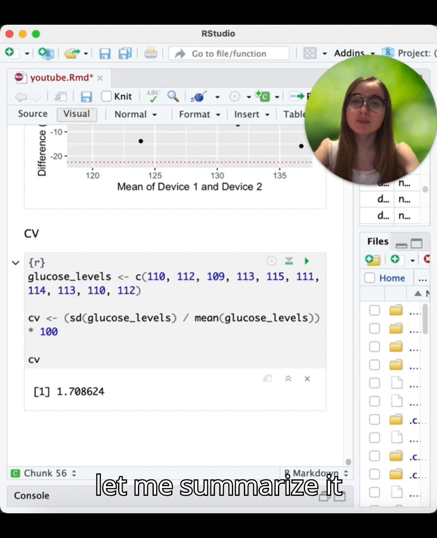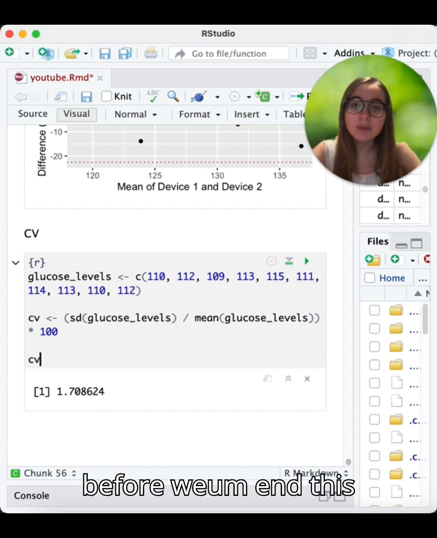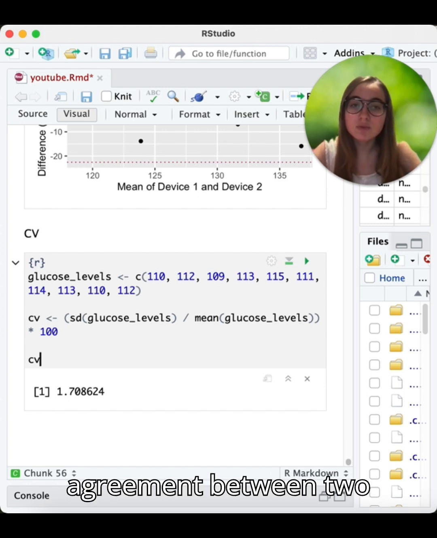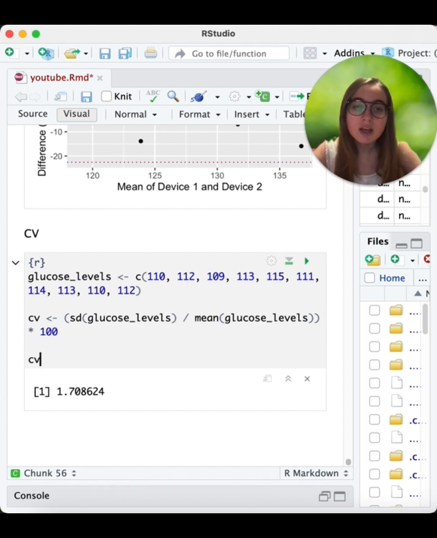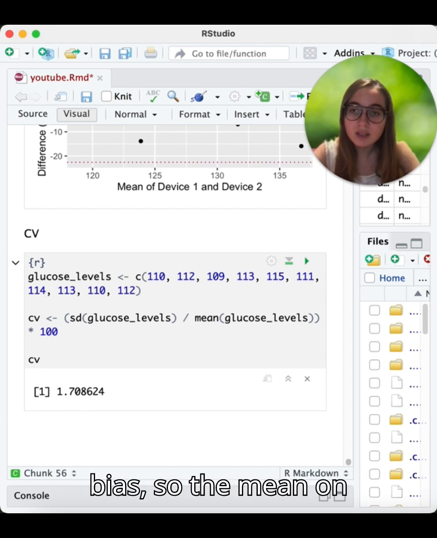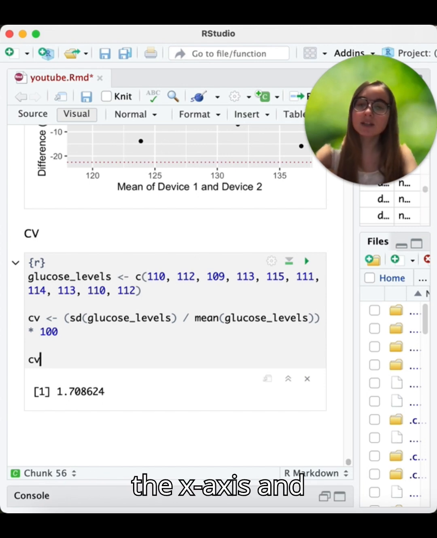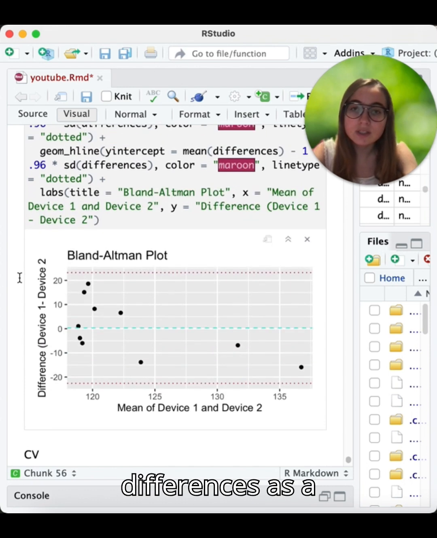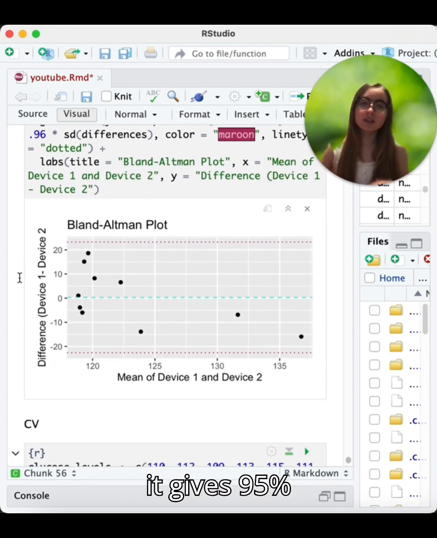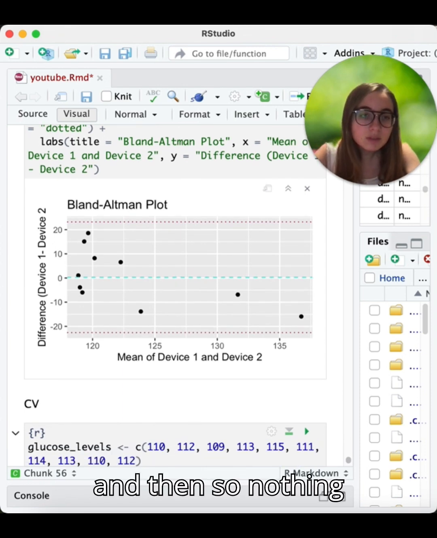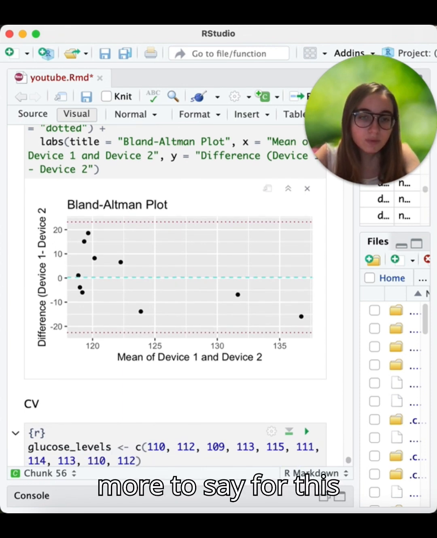Let me summarize it before we end this video. So the Bland-Altman plot visualizes the agreement between two measurement methods or instruments, identifies biases and limits of agreement. So it gives, as you remember, the bias, so the mean, on the x-axis and difference on the y-axis. Then it gives the mean of differences as a middle line, and then it gives the 95% limits of agreement.